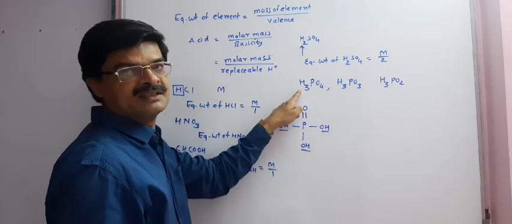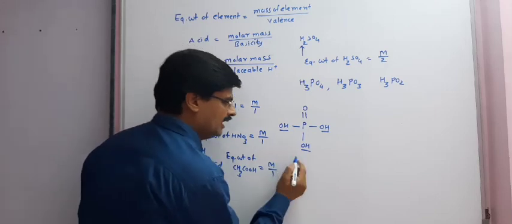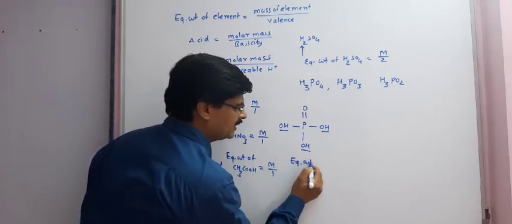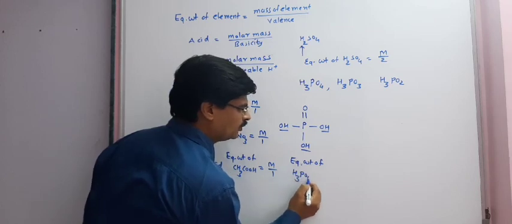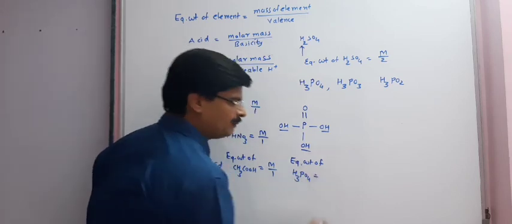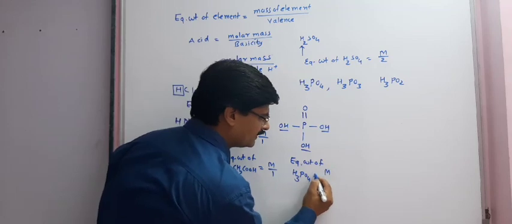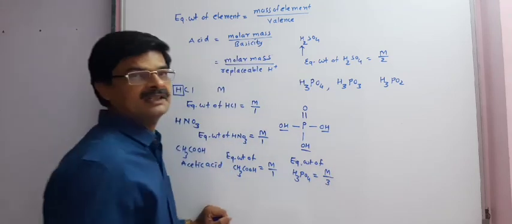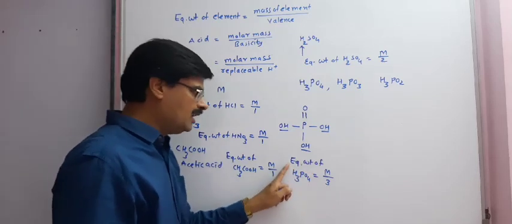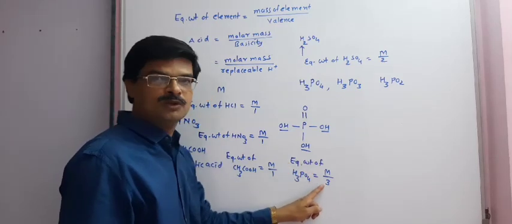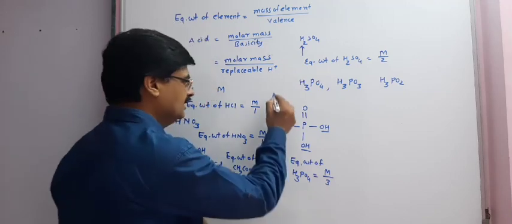That is why equivalent weight of H3PO4, phosphoric acid, is obtained when its molar mass M is divided by 3.